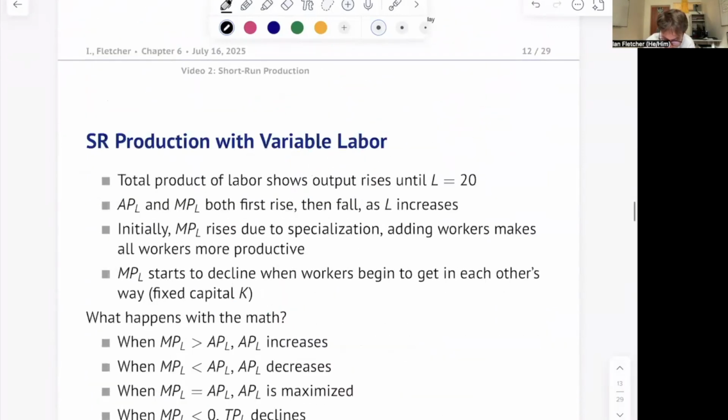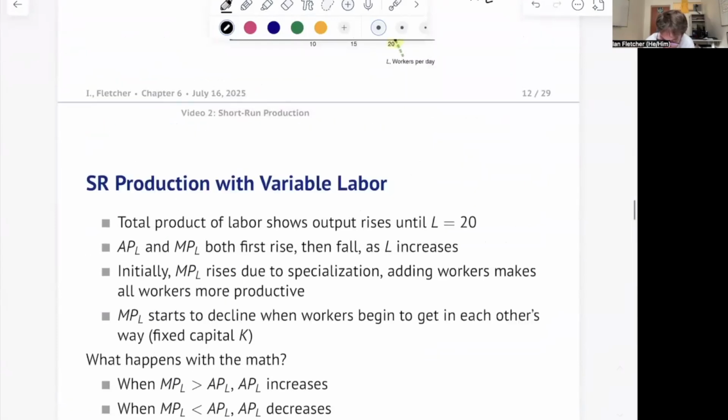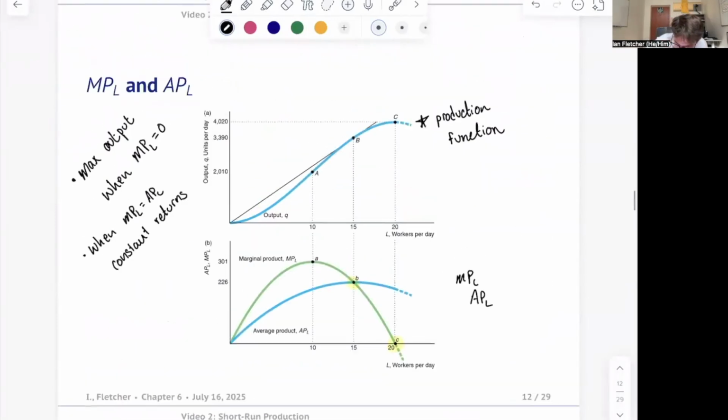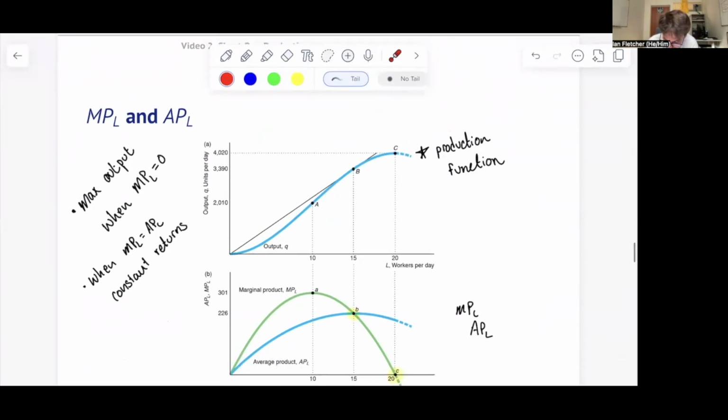So if we come back, total product of labor shows output rises until L equals 20, right? So we saw that this output rose until L equals 20. The next thing that we have is that APL and the MPL both rise initially. So this rises initially, this also rises initially.